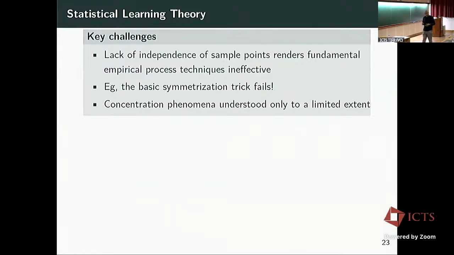If you try to do symmetrization here, you will soon find out that the basic computation upon which the symmetrization technique is based doesn't work if your sample points are not independent.